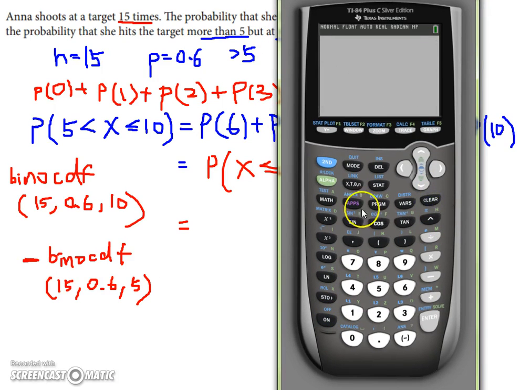So go to second, then binocdf. Trials will be 15, this is 0.6, and the x value will be 10.